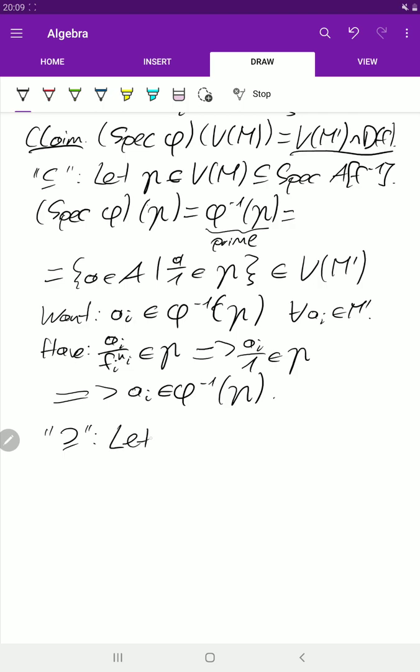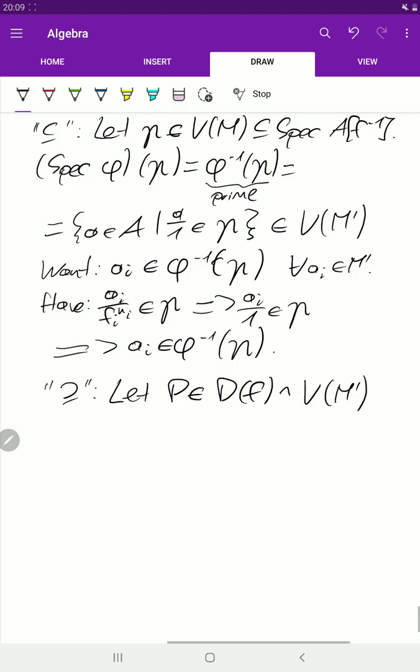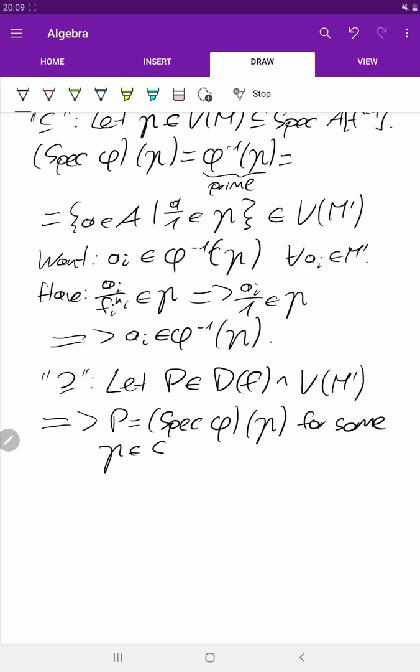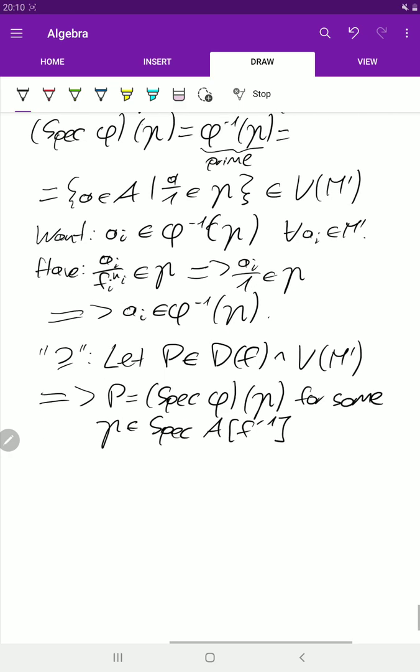So let's take some prime in the spectrum of A, namely not just in the spectrum of A, but in this principal open set intersected with the vanishing of M prime. By virtue of being in D(f), we get that it is in the image, as we've shown before. So it is phi inverse of P for some P in the spectrum of the localization.